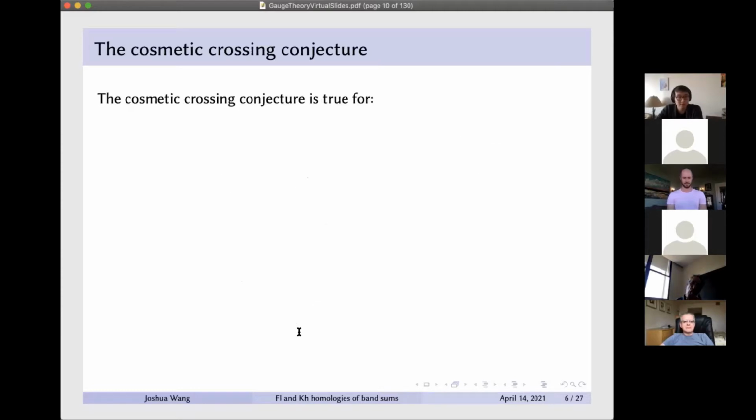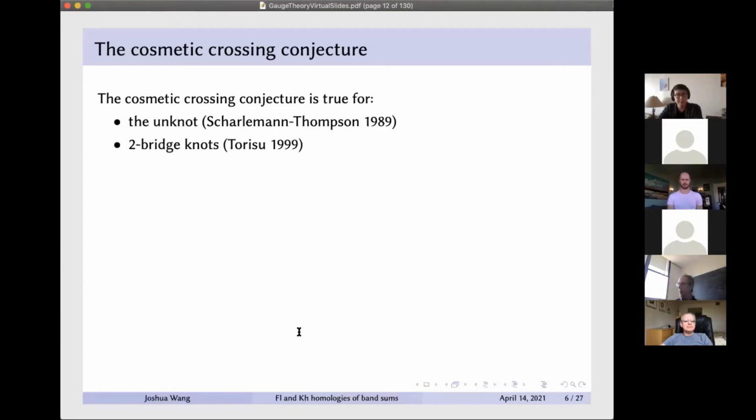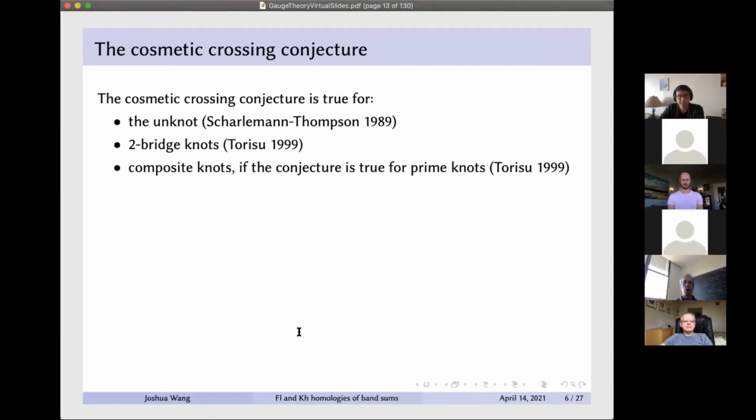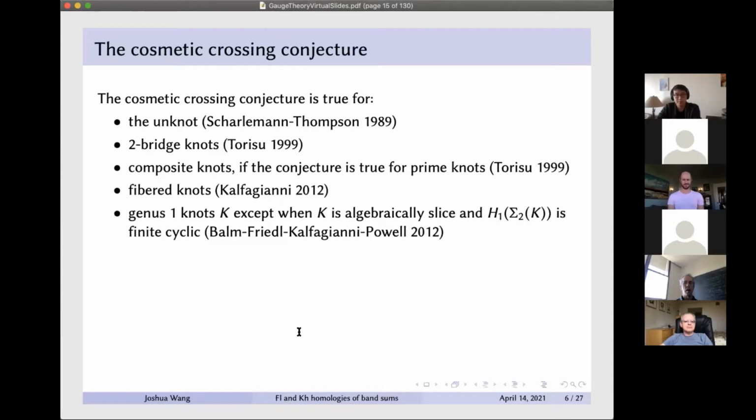Okay, so let me tell you a little bit about what's known about the conjecture. It's known to be true for the unknot. And what that means is if you take the unknot, you do a crossing change and obtain the unknot, then that crossing change must have been a nugatory crossing change. It's known for two-bridge knots. It's also known for composite knots conditional on the conjecture being true for prime knots. It's also known for fibered knots, for many genus 1 knots, for many Whitehead doubles.